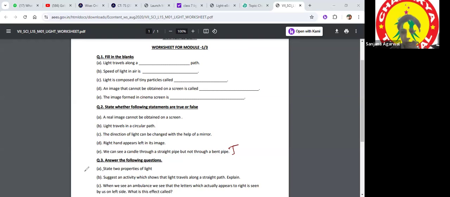Answer the following questions. State two properties of light. Quickly write any two properties in the chat again. For those who want to speak up, they can unmute and discuss. Here, two properties only.